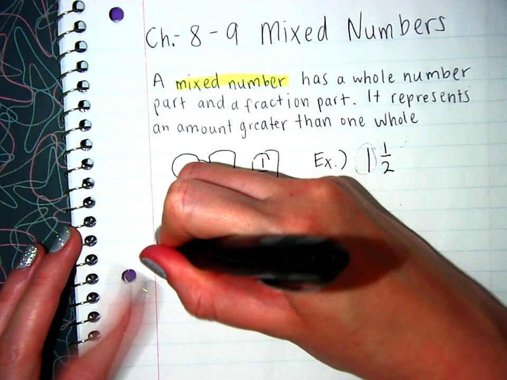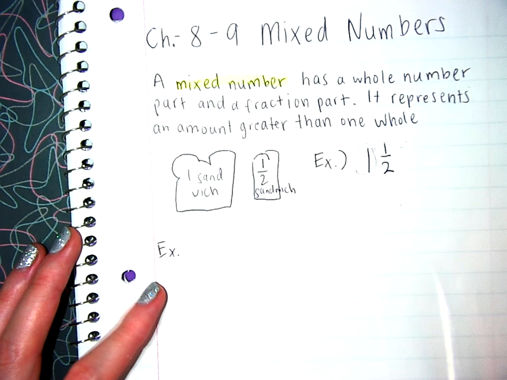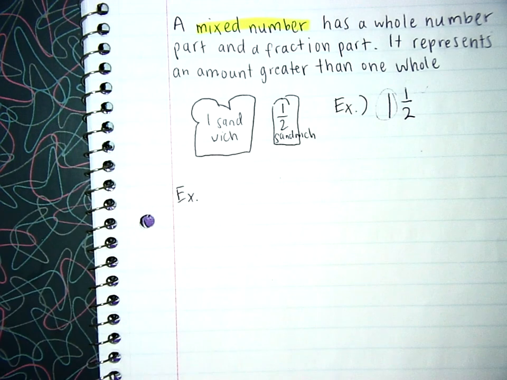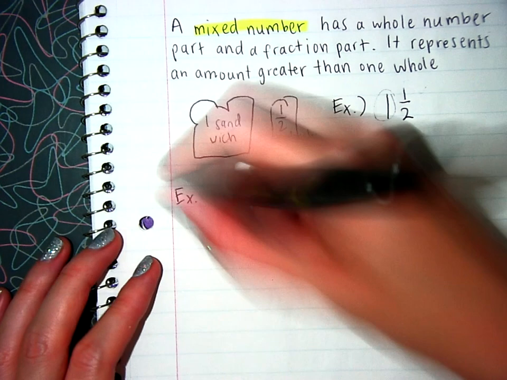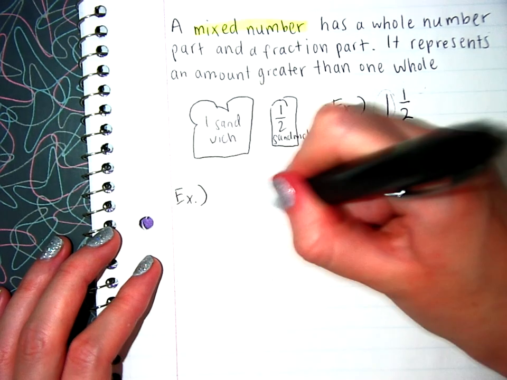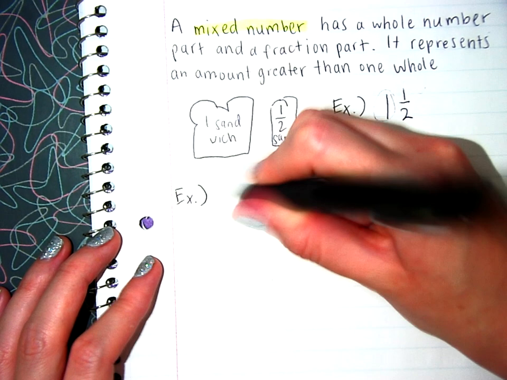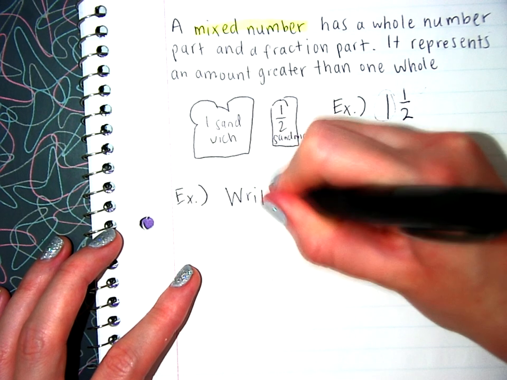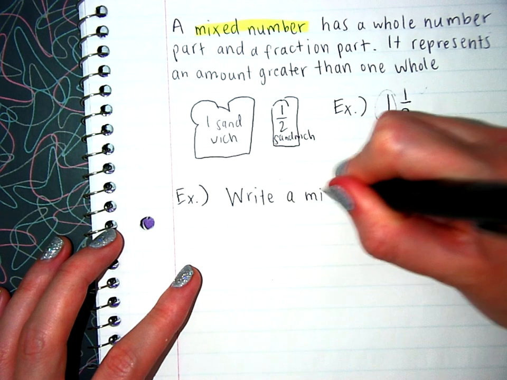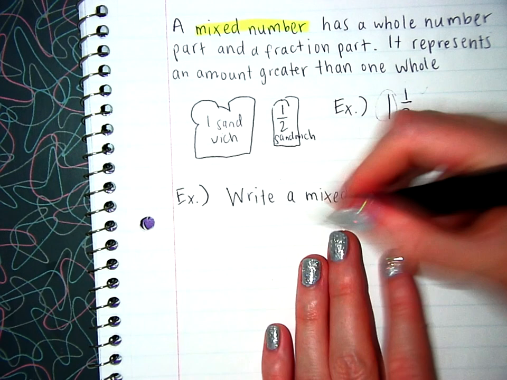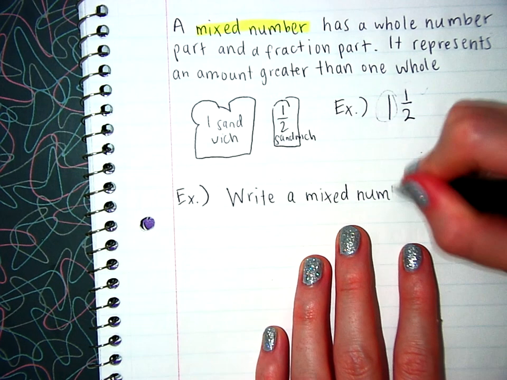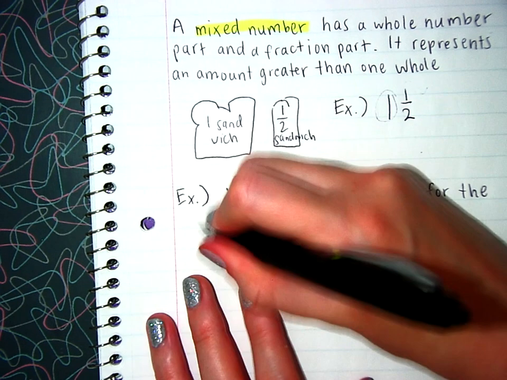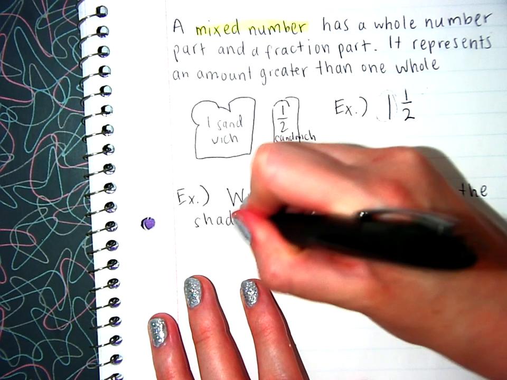So sometimes they will ask you to write a mixed number for the model, and sometimes they will ask you to write a mixed number for an equation. So if I'm looking here, your instructions would be to write a mixed number for the shaded model.